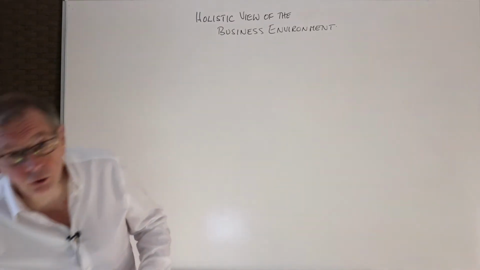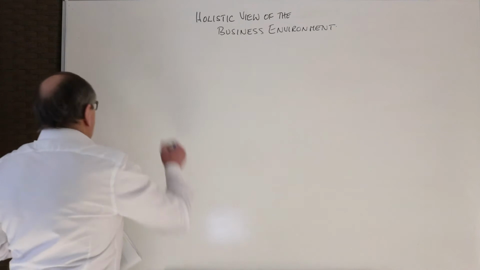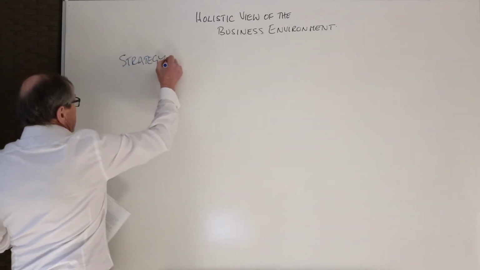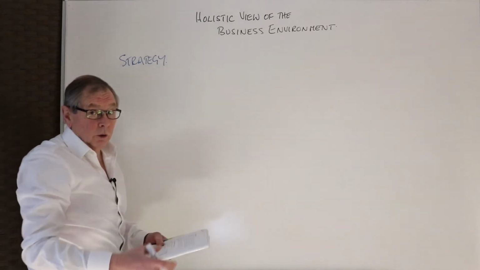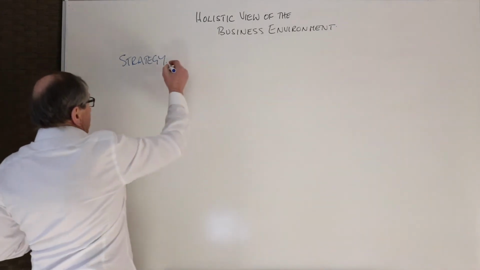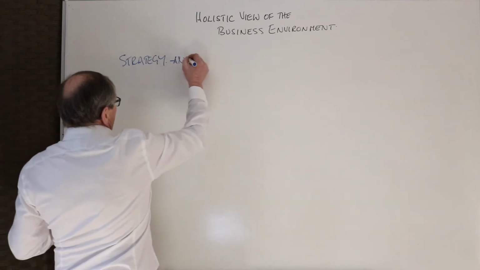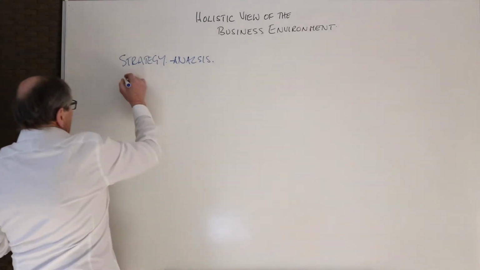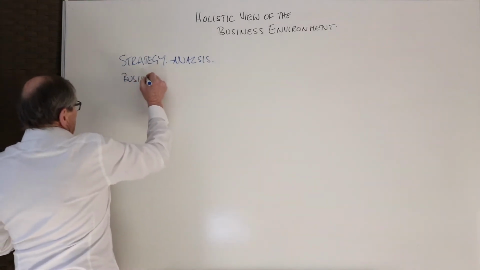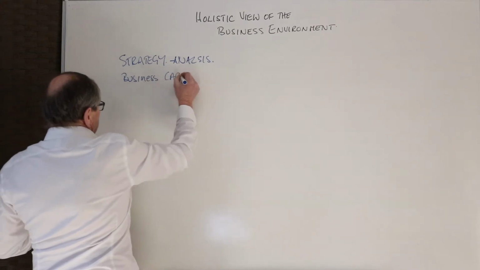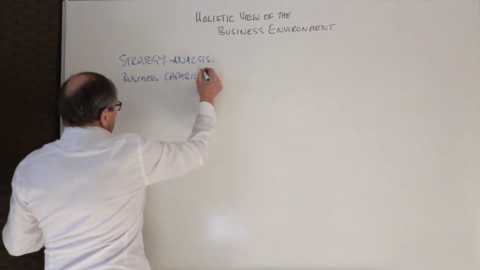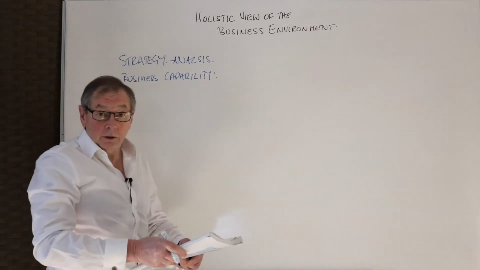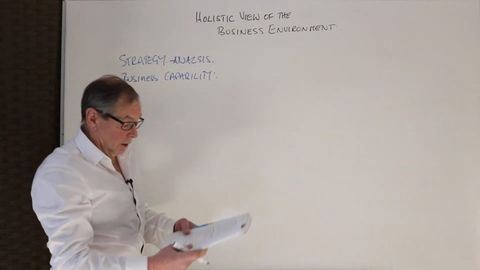So, as we said, some of the things they need to look at are strategies, the strategy of the organization, and we'll look at that in a bit more detail when we look at the organization's framework, and the analysis of those strategies. We need to look at the business capability, looking at the skill sets of the organization as a whole, and the competencies of the staff and employees that work in the organization.